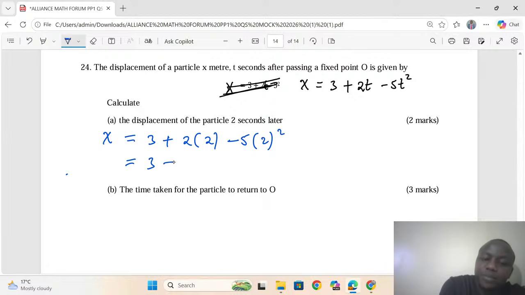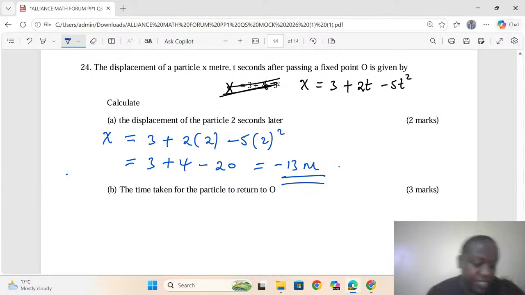So this is 3 plus 4 minus 20. We get negative 13 meters. When you get a negative while working with vector quantities, it's an issue of direction. It doesn't mean that we have a distance less than 0. It's just distance in the opposite direction.